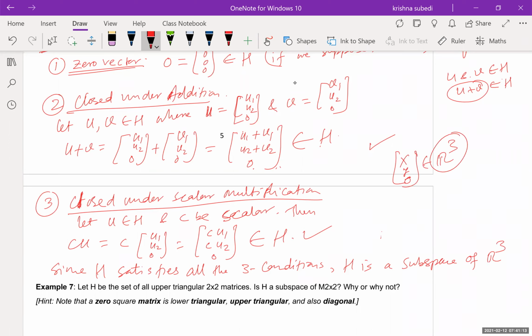R3 is a bigger space, a bigger container. R3 contains x, y, z, these kinds of objects. It could be 0, it could be any number, negative, positive, doesn't matter. But x, y, 0 is just a small chunk of R3, and we denote that by H. We proved that H also satisfies all those three conditions, therefore it is a subspace.